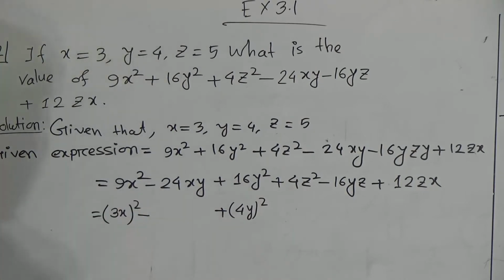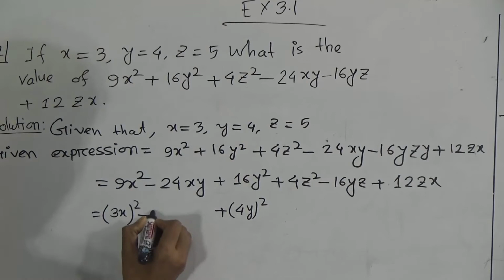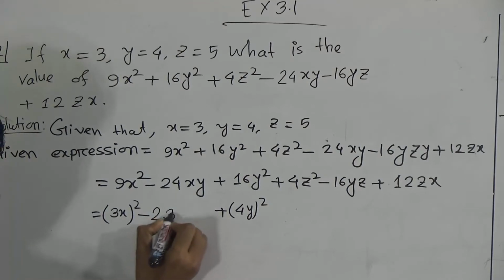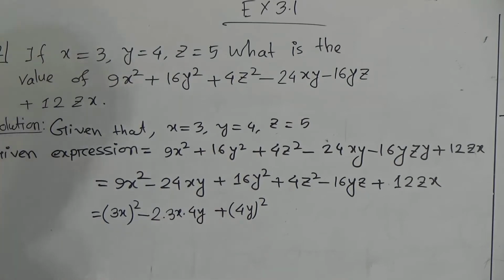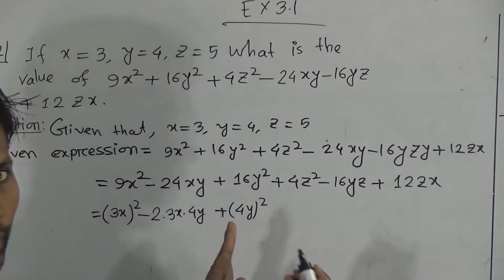Similarly 9x square means 3x whole square, 3 square is 9, x square. Then 2 times 3x times 4y: 3 4s are 12, 12 2s are 24xy. You see 24xy here.